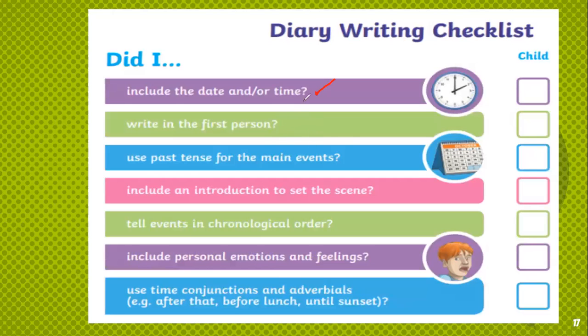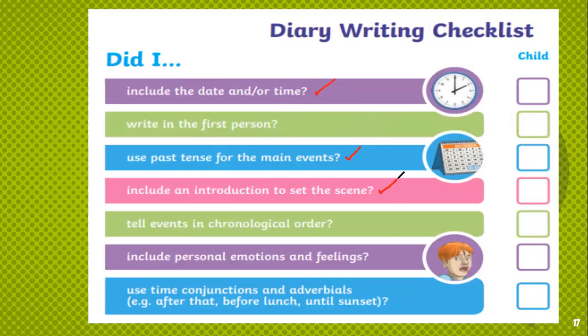The second important thing is use past tense for the main events. Only the things that I write a check on are the things that you write in your notebook.